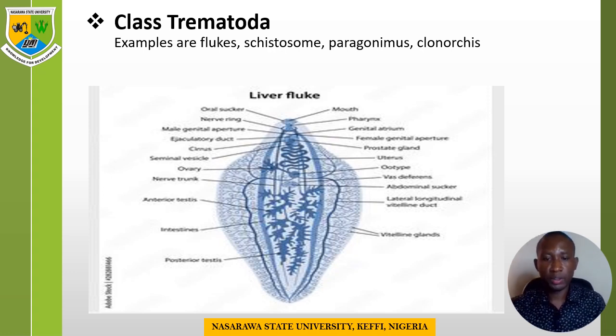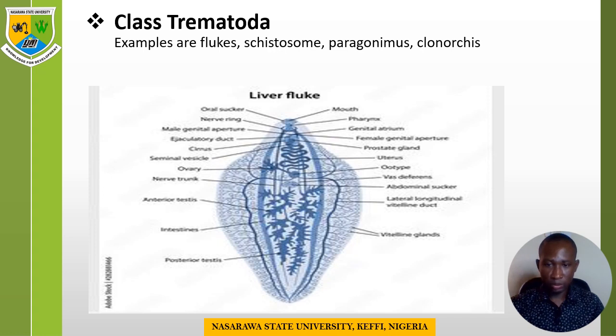But let's look at one example of flukes, which is the liver fluke. This is a typical example of a liver fluke, which has the shape of a leaf and well-labeled structures. We have the mouth, the pharynx, and then we have the genital and other components of this organism.